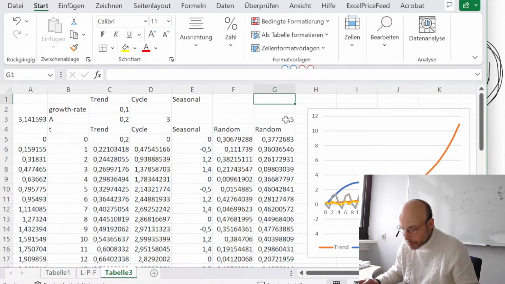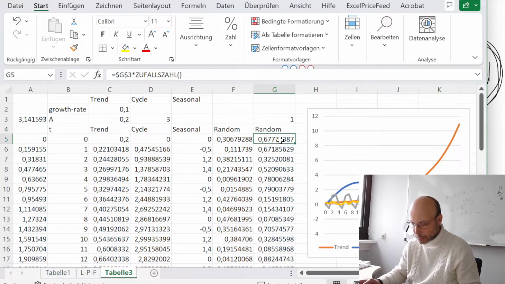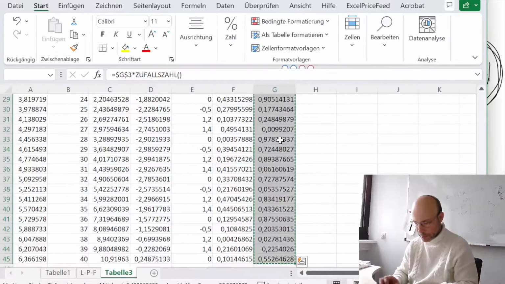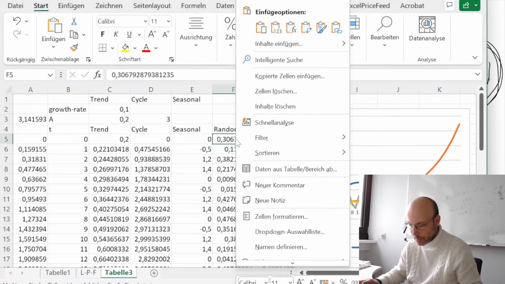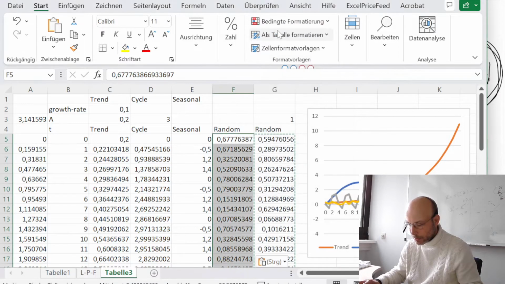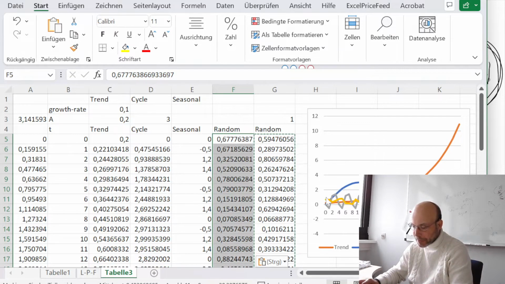Well, maybe let's move this up a little bit. So we take as a constant here 1, and then again we copy this one and paste it as values. Then you see that the fluctuation is maybe half of the seasonal data, and the fluctuation of the seasonal data is maybe half of our cyclical data.